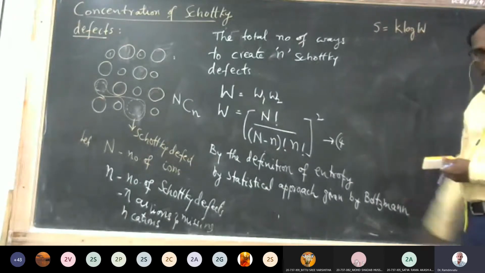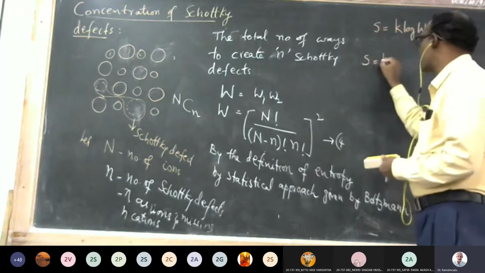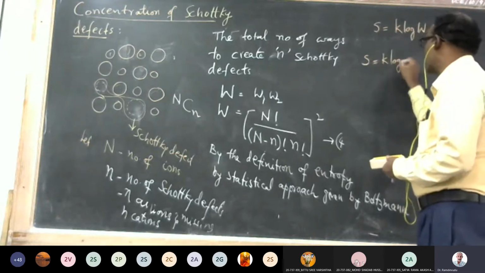Therefore, I write S is equal to K log W, where S is entropy and K is the Boltzmann constant.